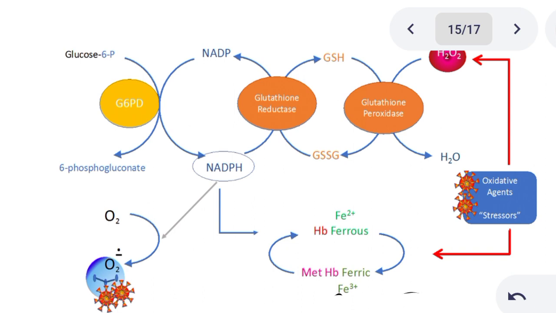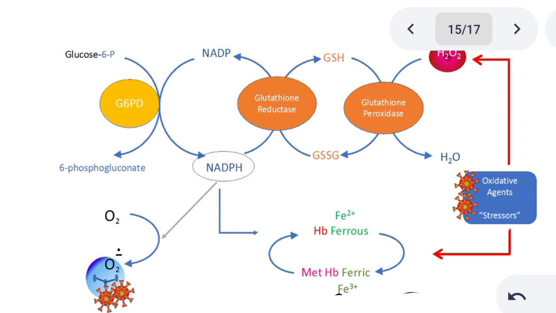But what you should understand is that G6PD deficiency is an X-linked recessive inherited disorder. So it is more common in males than females because we know that males only have one X and one Y. So when a male has this chromosome which is damaged or lacking the gene for G6PD, immediately that person is going to develop G6PD deficiency.